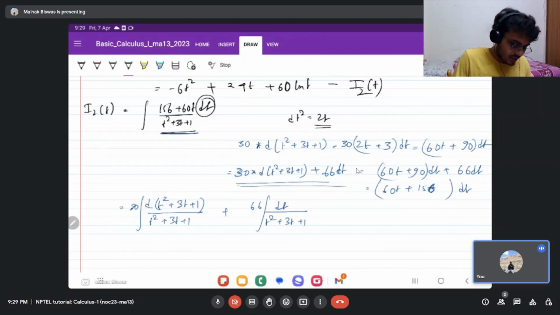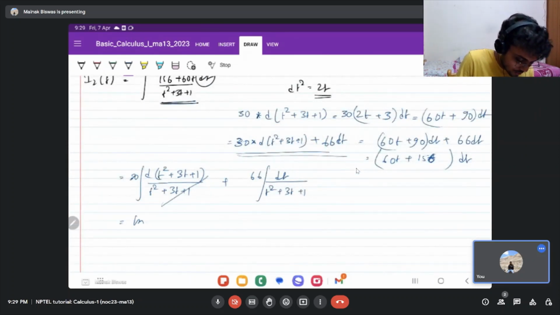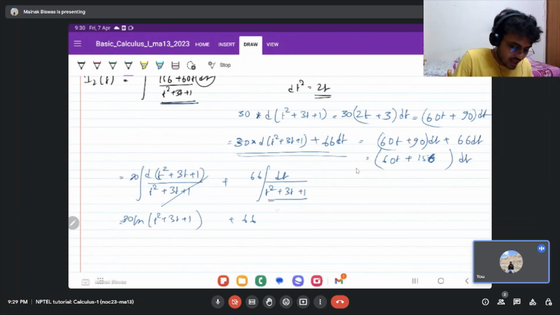So now this is a simple problem. This is log of t square plus 3t plus 1 times 30 plus 66 times. So we'll need to make the denominator a perfect square. You remember we had something like x square minus a square. So we remember this formula, right? dx by x square minus a square is equal to 1 by 2a log of x minus a by x plus a.